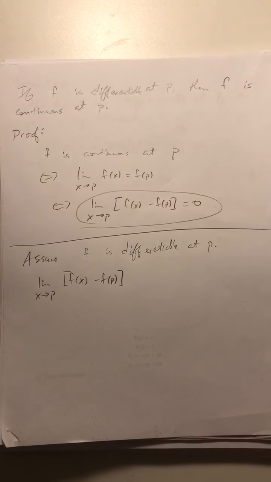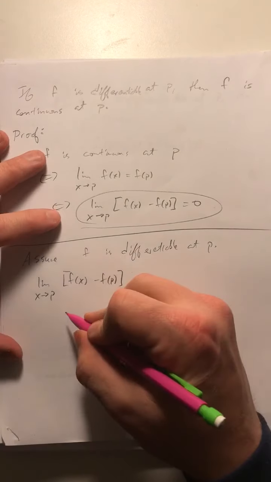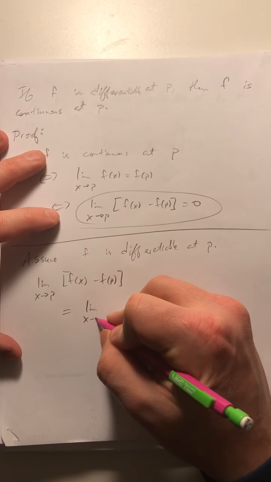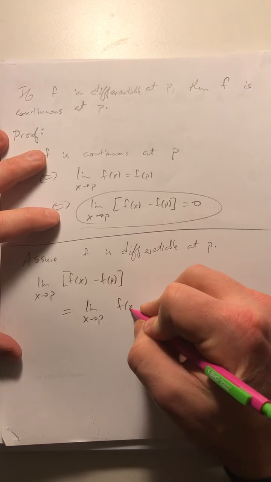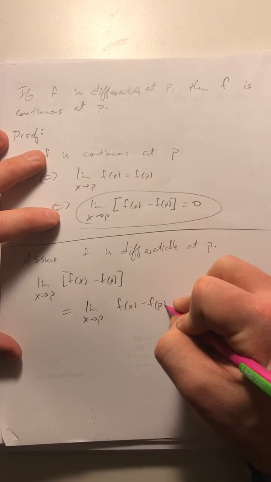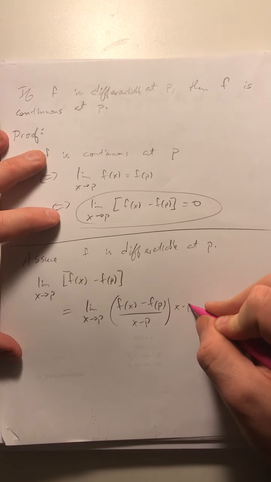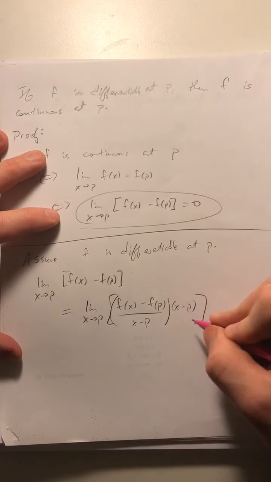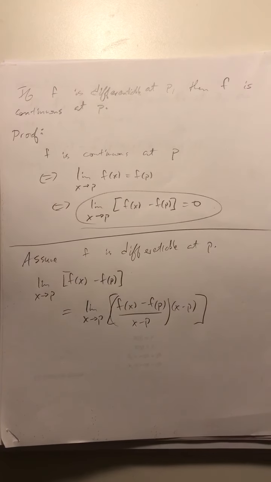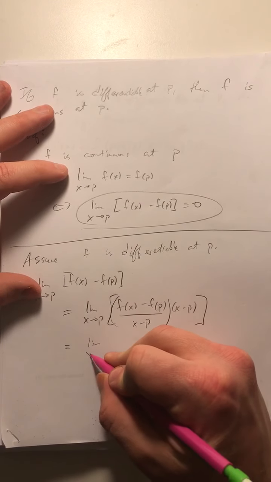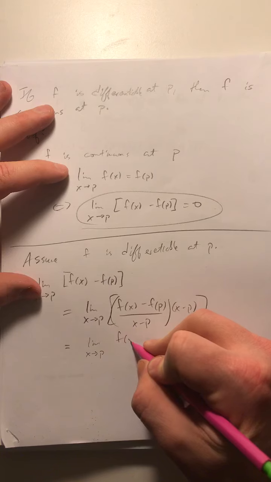So right now I don't even know that the limit exists, but I'm going to use some limit laws, and I'm going to get a limit that exists, and that's going to let me know that everything in between exists. So I'm going to multiply and divide by x minus p. Now I'm going to split this into two limits. And we can do that because of our limit laws.